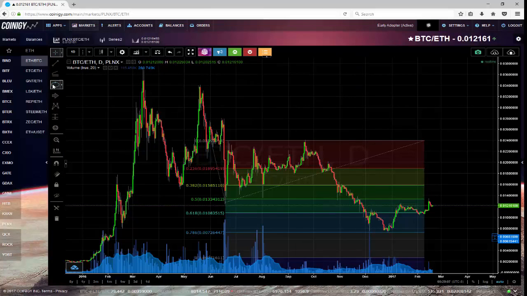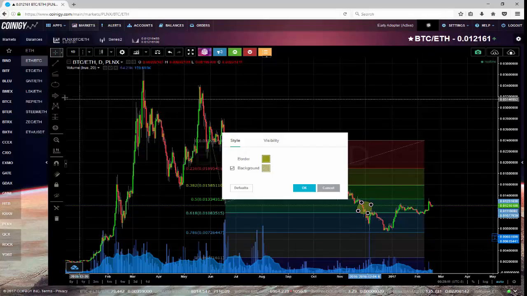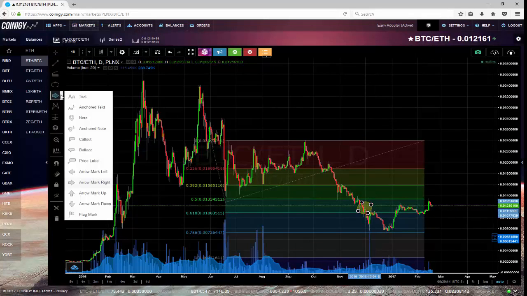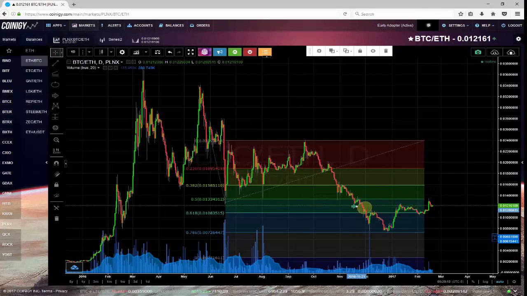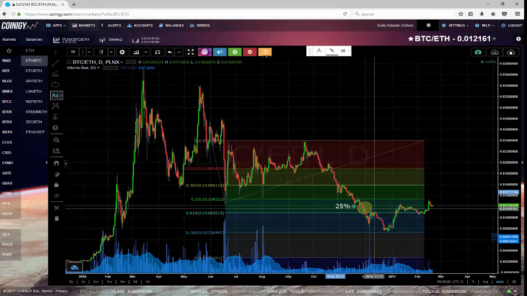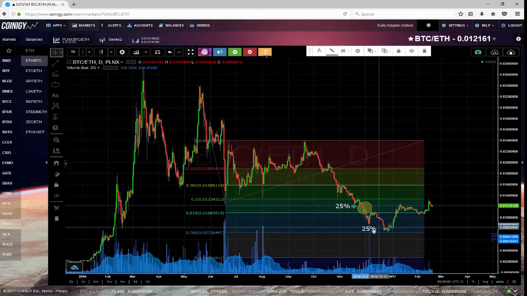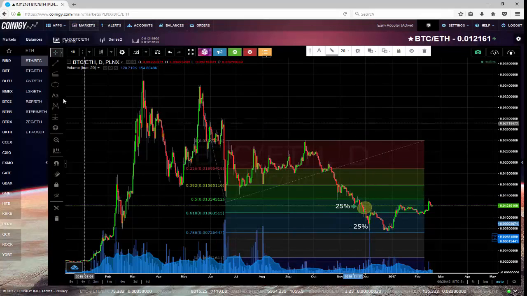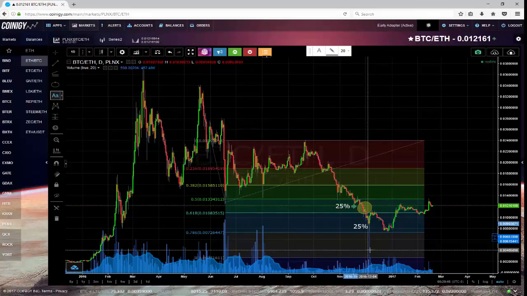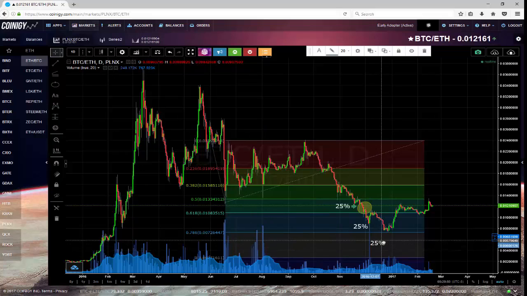If you wanted to accumulate this, you could go in partial position size, let's say 25%. Then as it breaks down, you could scale in again, another 25%. You could have an order down here just in case it breaks down more and just scale in increments.